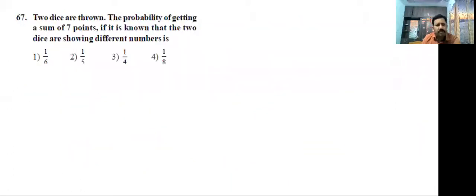The problem here: two dice are thrown. The probability of getting a sum of 7 points, given that it is known that the two dice are showing different numbers. Then how to do this? This is not an easy problem. First, see here, sum 7.